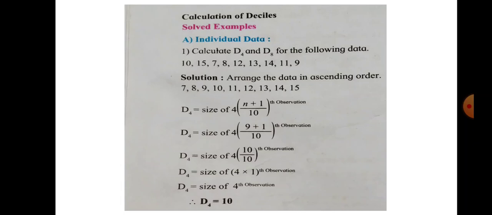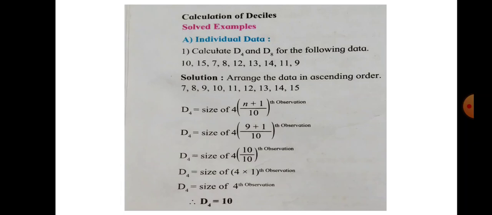First you have to find D4. Which formula do you have to apply for D4? D4 is equal to size of 4 into (n plus 1 upon 10)th observation. In the next step, D4 is equal to size of 4 into (9 plus 1 upon 10)th observation, where n means total observations in the series, and n is equal to 9.